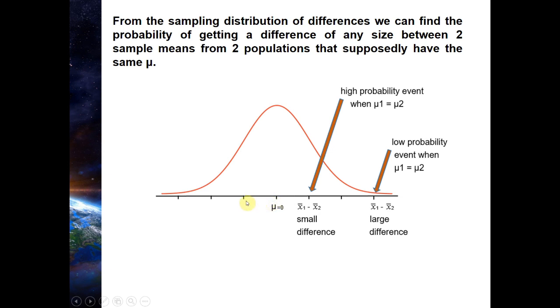But just by chance, we could get a very large difference between x bar 1 and x bar 2. But that doesn't happen very often. When mu1 equals mu2, we're more likely to see small differences between our sample means. Very small differences. That's what happens more often than not.